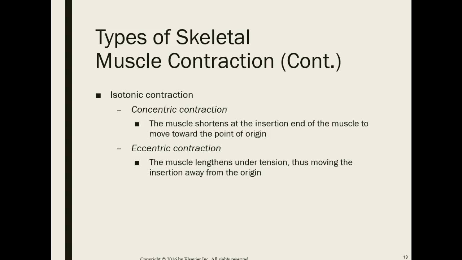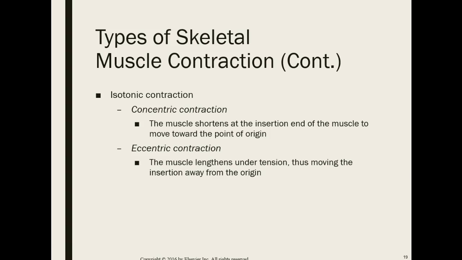And then we also have isotonic contractions, which produce movement at a joint and cause the muscle to change length. In a concentric contraction, which is a type of isotonic contraction, the muscle is going to shorten at the insertion end of the muscle to move towards the point of origin.